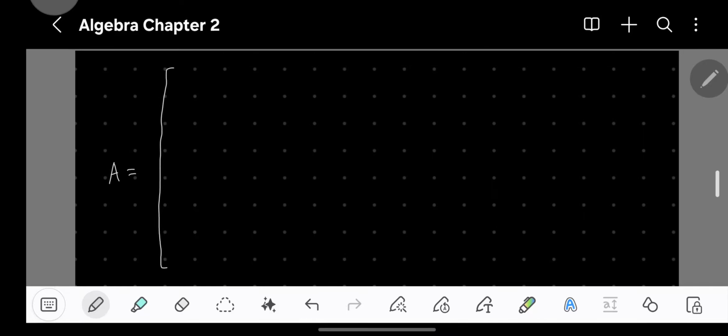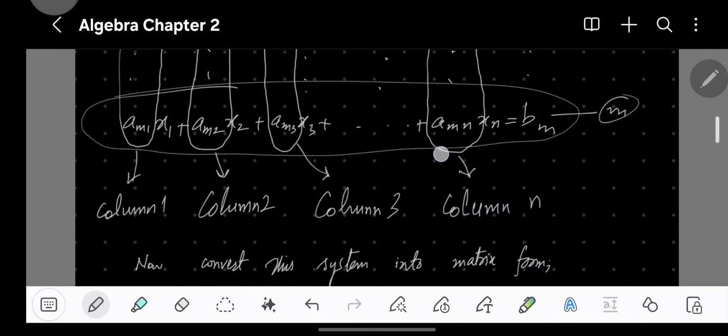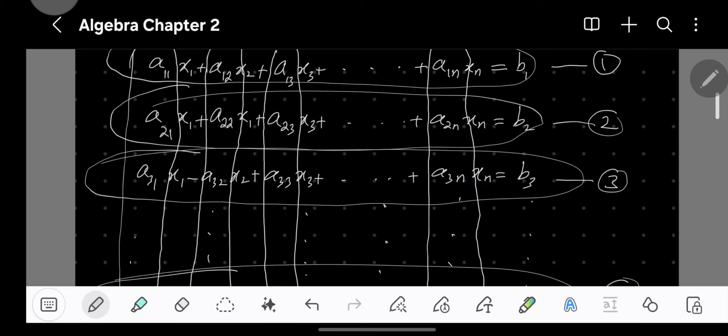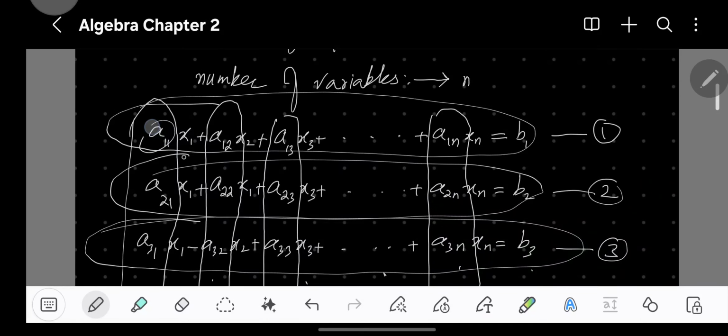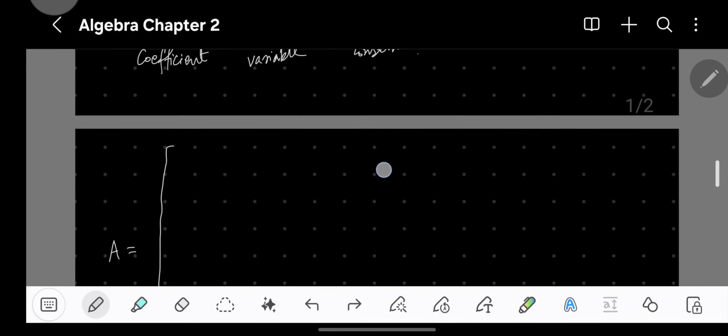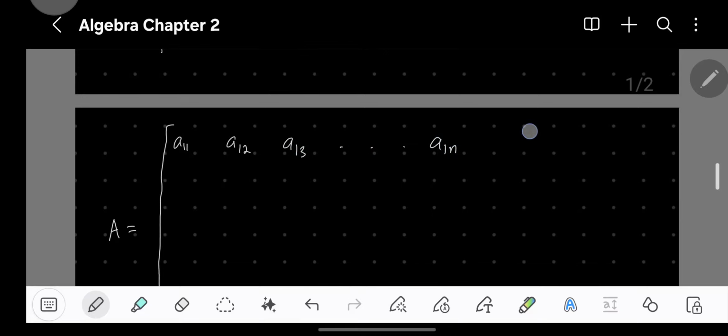So in order to write the coefficient matrix, let me go back to the equation. The coefficients are A11, A12, A13 up to A1n. Let me write that. A11, A12, A13, A1n.